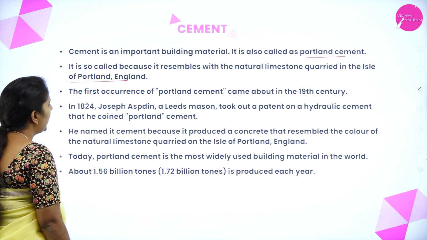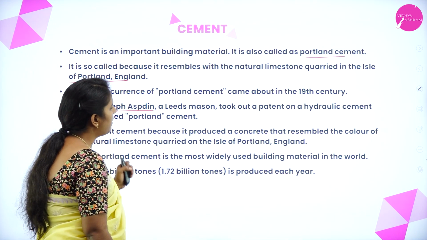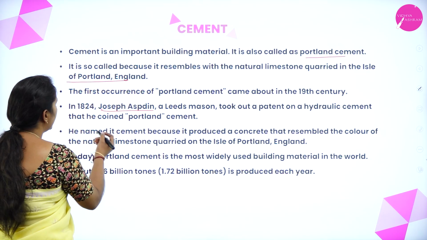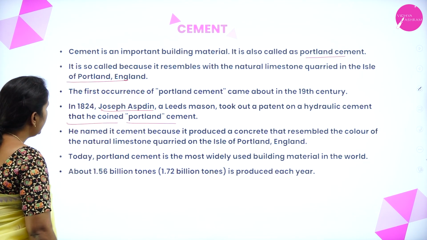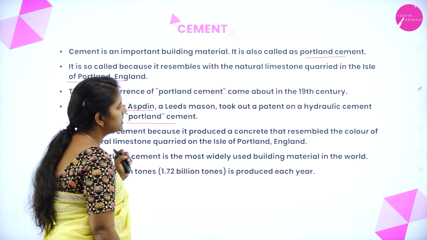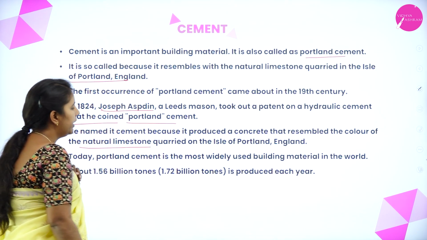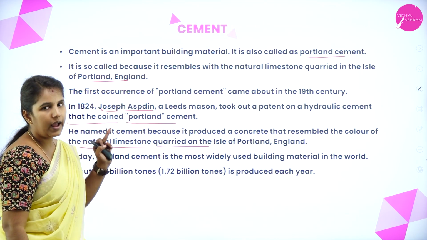In 1824, Joseph Aspdin of Leeds took the patent on the hydraulic cement that was coined as Portland cement. He named the cement so because it produces a concrete that resembles the color of natural limestone quarried on the Isle of Portland in England.